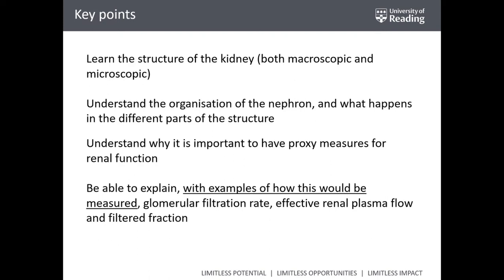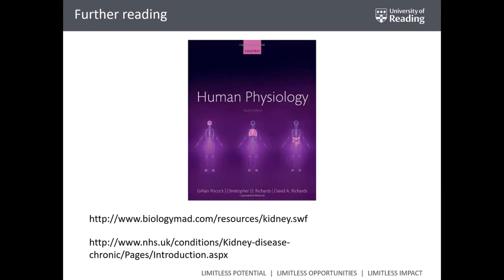Understand why it is important to have proxy measures for renal function, and how the clearance of creatinine and para-aminohippurate will allow you to measure glomerular filtration rate and effective renal plasma flow, respectively. Very important: you will have to be able to explain with examples how both the glomerular filtration rate and the effective renal plasma flow would be measured. I will stress this to the point of obsession. You need to know these things.